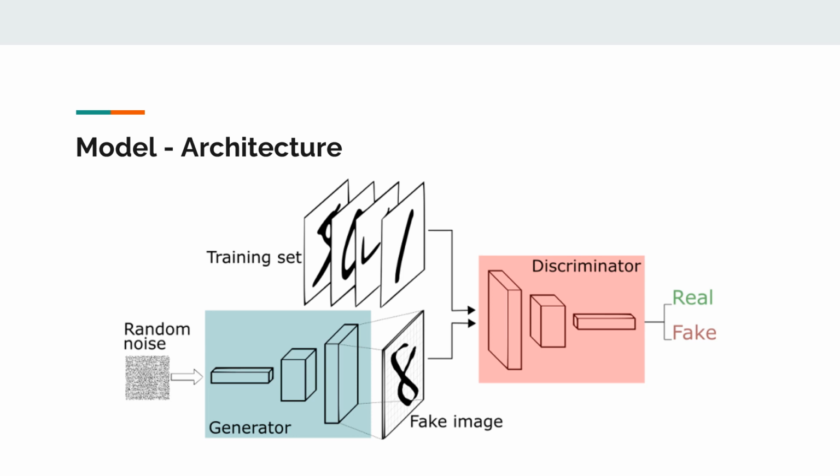It's a network of two neural network models. One is called the generator or generator network, as you can see in the diagram, and the other is called the discriminator or the discriminative network. How these two networks work with images will be discussed by my friend in some time.